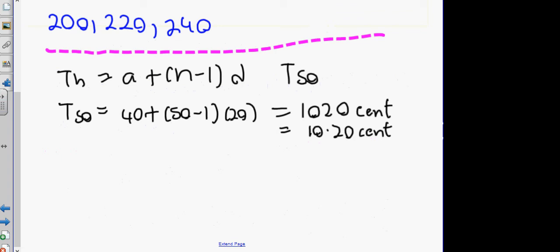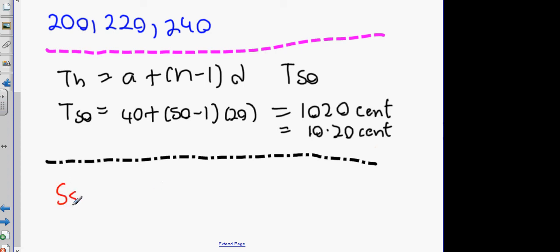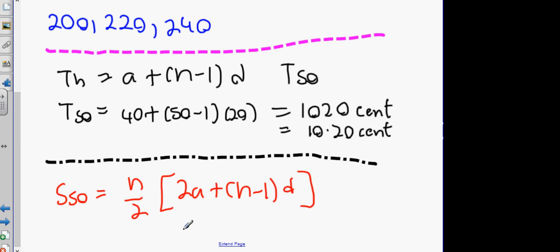Okay. Now, lads, what we want to do next is get S50. S50 is n over 2 into 2a plus n minus 1 times d. Now, S50 means that n equals 50, a still equals 40, and d equals 20.